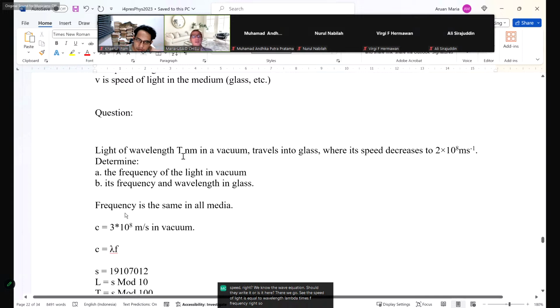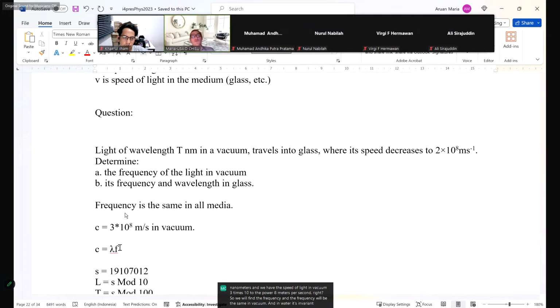So we have the wavelength, T nanometers, and we have the speed of light in vacuum, 3 times 10 to the power of 8 meters per second. So we will find the frequency, and the frequency will be the same in vacuum and in glass. It's invariant. But the speed changes and the wavelength changes. The speed decreases from vacuum to glass, right? And the wavelength also decreases, right?